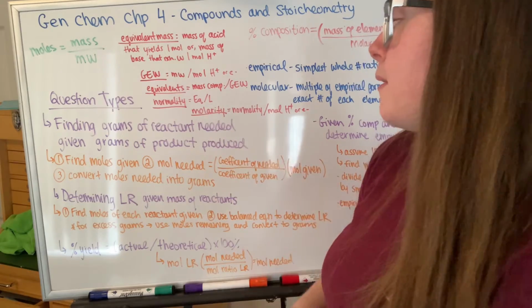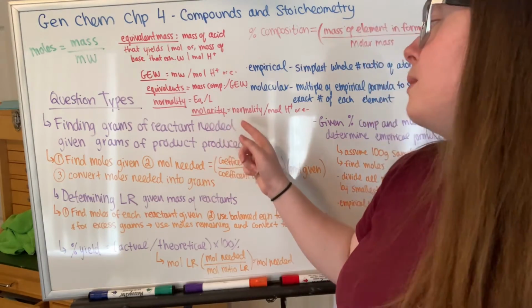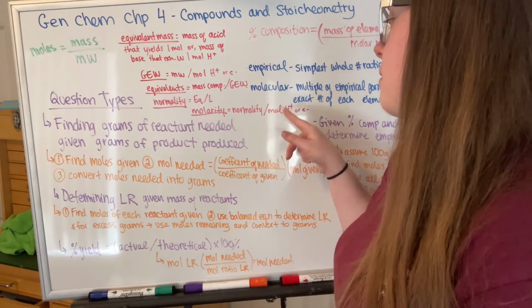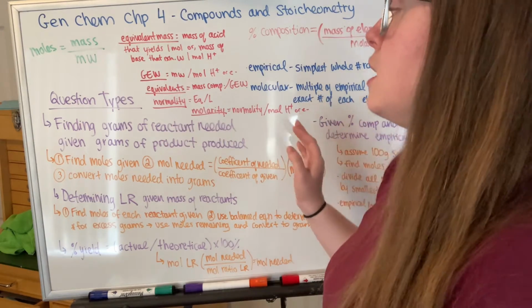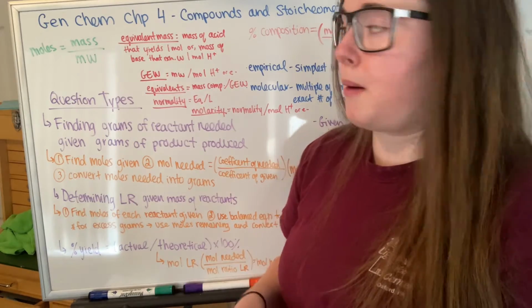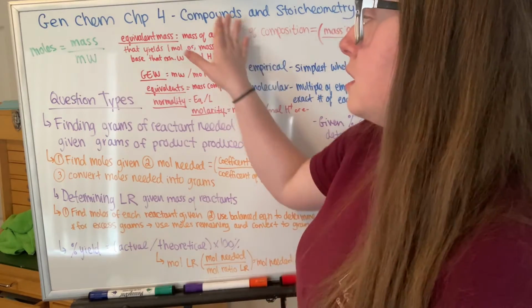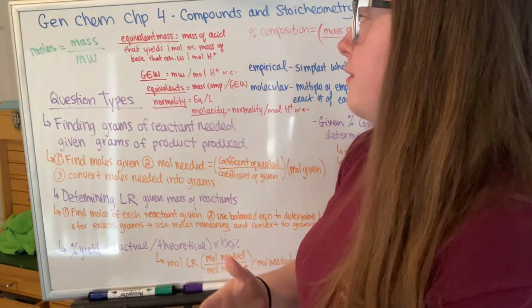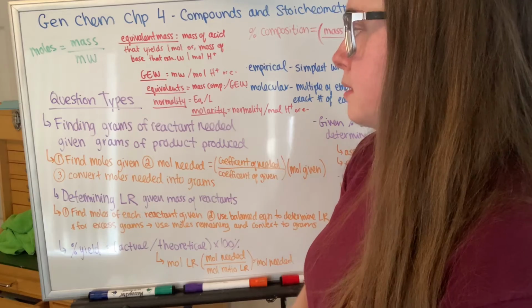And then we have molarity, which is the normality divided by the moles of H plus ions. Personally, I have not seen as many examples with these, but it's still something you should probably know. So just make note of these equations and see if they come up in your practice problems.